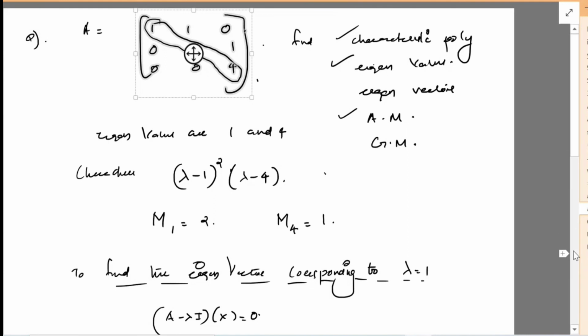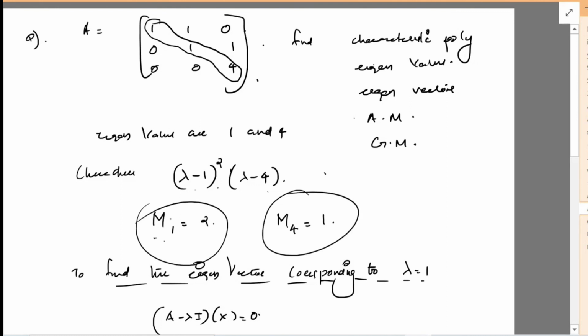So we got all the answers for our question. The characteristic polynomial was lambda minus 1 the whole square into lambda minus 4. The eigenvalues are 1 and 4. Before the eigenvectors, what is the algebraic multiplicity? M1 equal to 2 and M4 equal to 1.